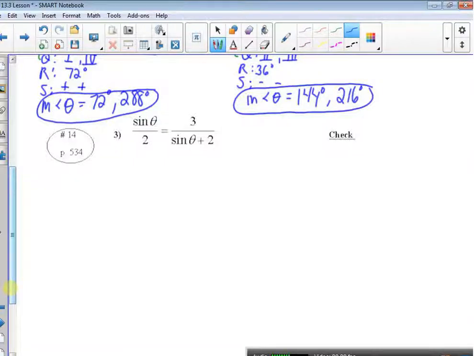All right, so on this one I think we'll just cross multiply. So we get sine squared theta plus 2 sine theta. Okay, sine theta times sine theta is sine squared theta. Sine theta times 2, 2 sine theta. And that should equal 6. So we really end up with x squared plus 2x minus 6 equals 0.